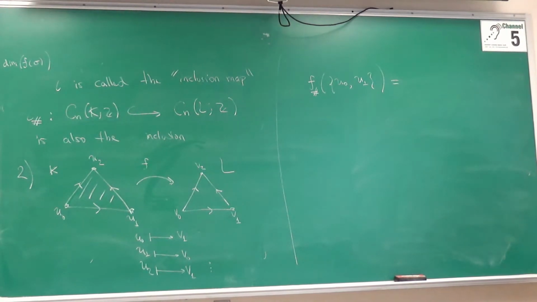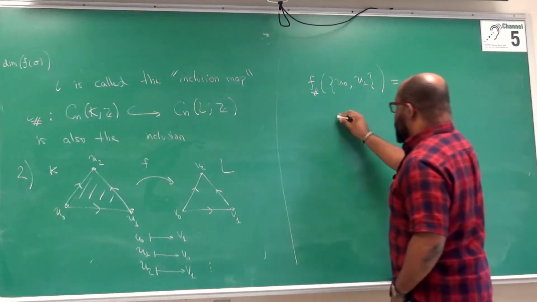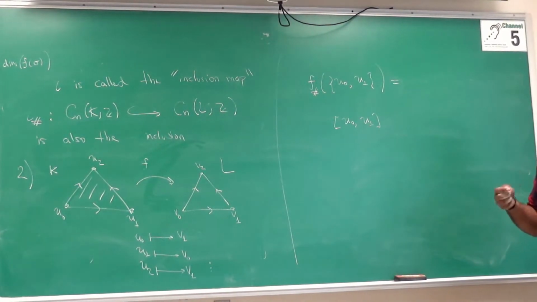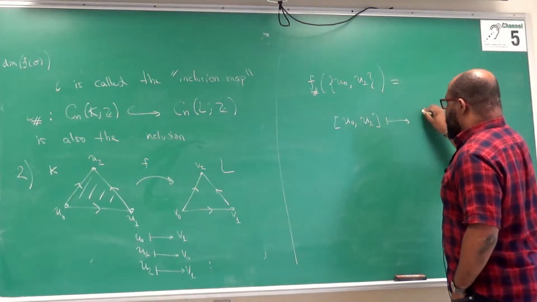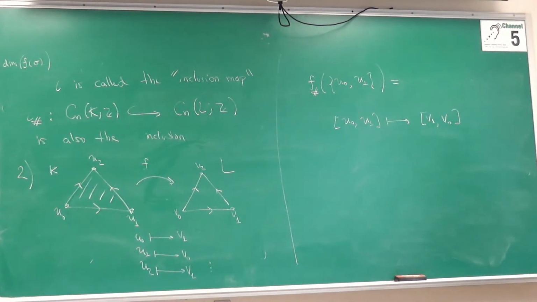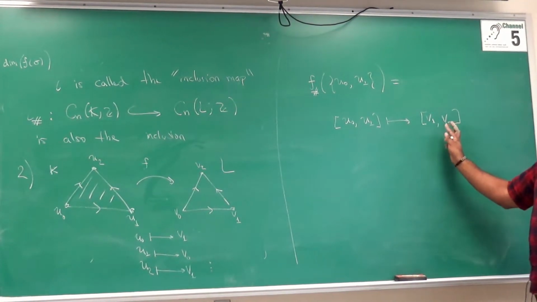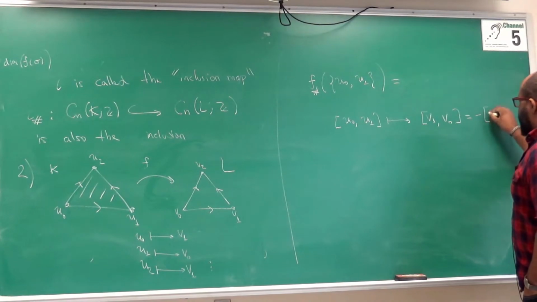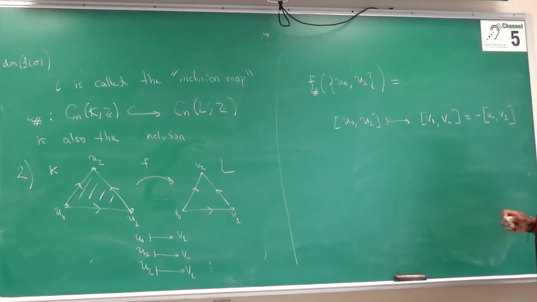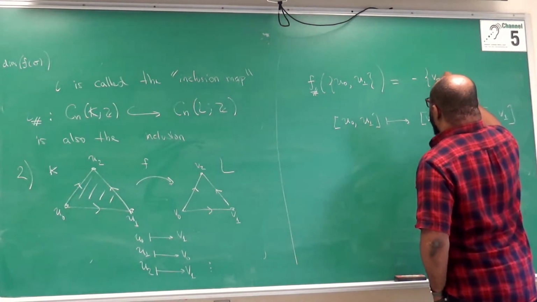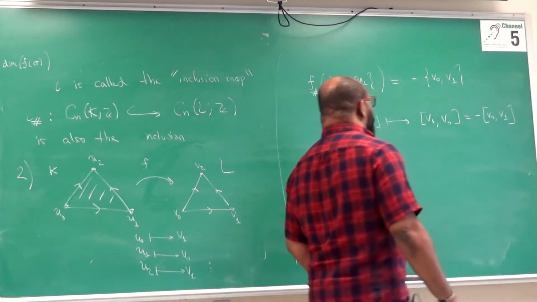So again, it is helpful to think of it in terms of oriented simplices. If you think in terms of oriented simplices, then F is sending this to [v1, v0]. And then you need one inversion to put it in the right order. Okay. So this is equal to minus [v0, v1].